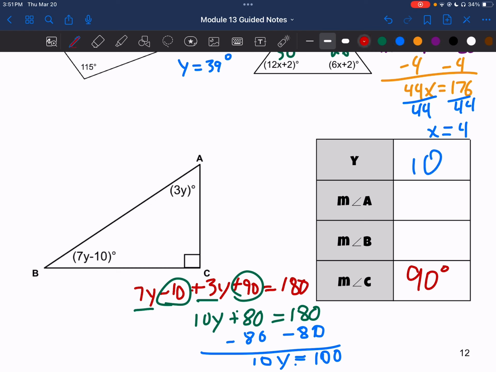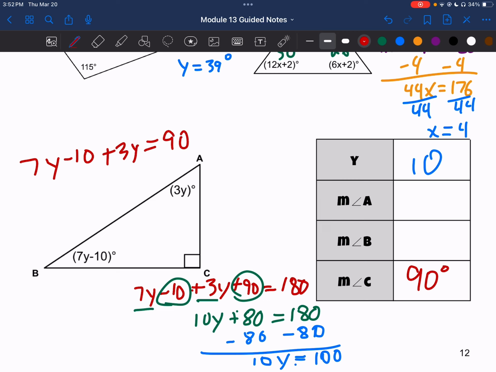Now, you could have gone triangle sum theorem and then did some reasoning and said, well, okay, if we know one angle is 90 degrees already, we can take that away and say 7y minus 10 plus 3y equals 90, right?